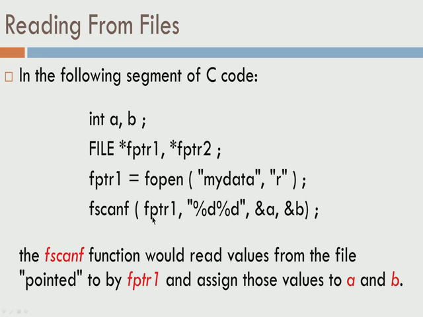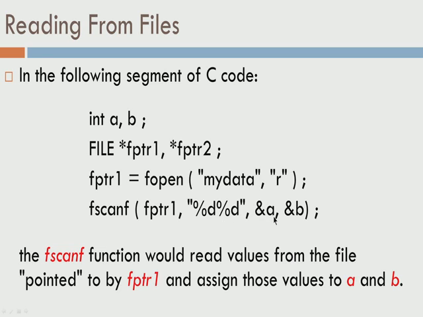Let's assume that the file mydata has two integers saved in it. So this line here is trying to do a scan, right? And you can see some similarity with scanf that you have seen before, right? We have been using this all along. So let's look at this. So it's similar to scanf, except that there seems to be three different sets of parameters. So this is the format that you give to fscanf. So this is the format in which you are going to read. This is the set of pointers that we are passing.